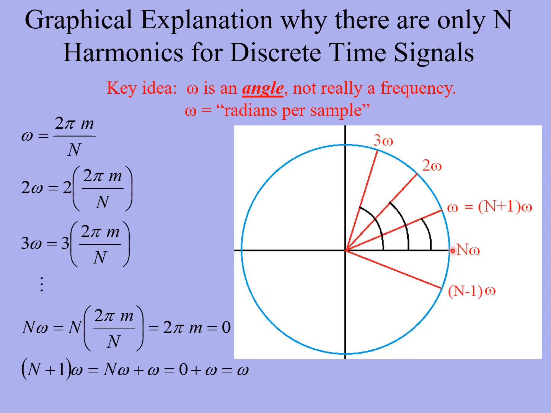So let's say this is omega represented right here. This would be 2 omega, 3 omega, and so on. But once we get all the way to N times omega, where N is the period of this sequence, then we're back to where we started from and we just start repeating ourselves. In other words, the N plus 1th harmonic is the same as the first harmonic, omega.